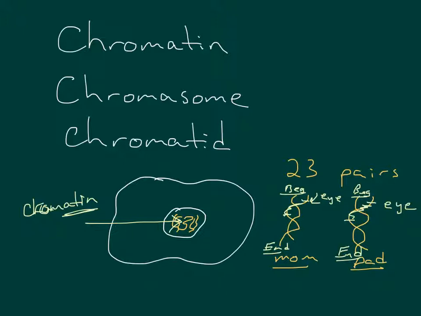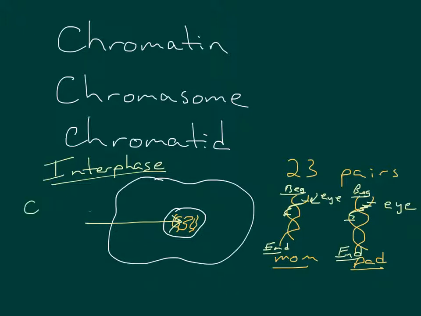Chromatin. We discussed this before, but I hope it's clear now that when the DNA is unwound, it's found in interphase. So at any point along the cell cycle, G1, S, or G2, you're going to find it unwound in this form called chromatin. So be clear on that.